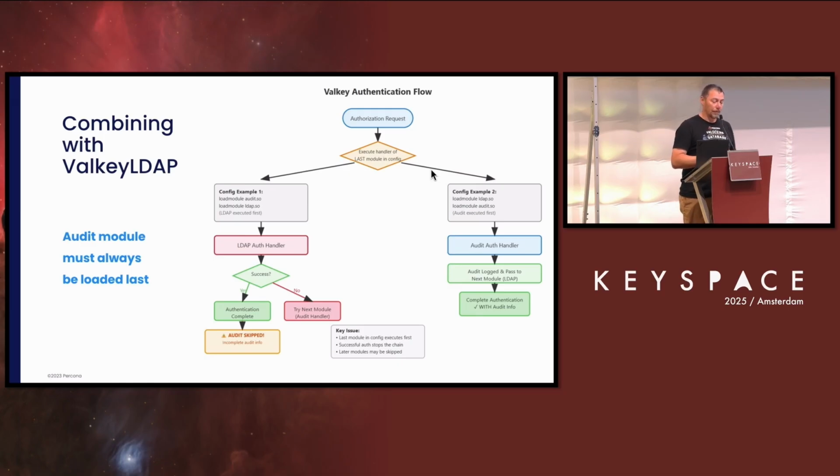If the LDAP authorization handling is successful, it will never go to the audit authorization handling. So in that case you're losing the auditing capabilities for that audit event. So you can load multiple modules into Valkey, and order is important there, because if something is successful, it may not execute the next module's handling.